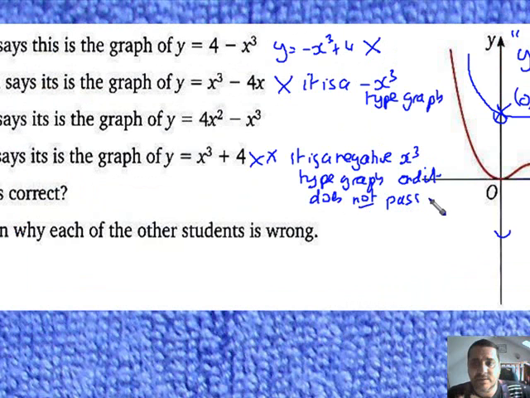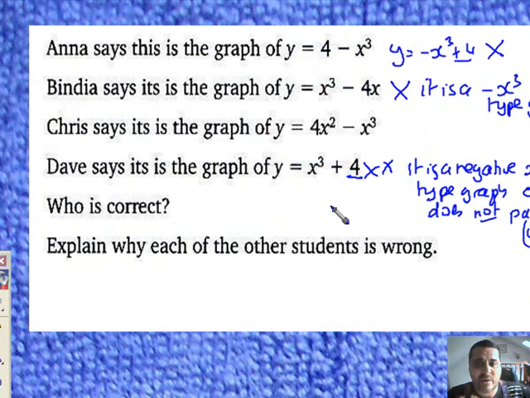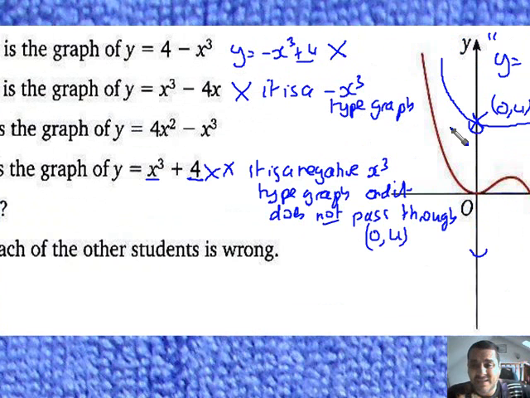And it does not pass through 0, 4. It doesn't, does it? I mean, just like Anna's one there. See, that's her 0, 4 intercept, and that's Dave's written that way around. So that's why it's wrong. It's a negative x cubed one, not a positive x cubed one. And Dave's saying it passes through 0, 4. It doesn't. It passes through 0, 0.